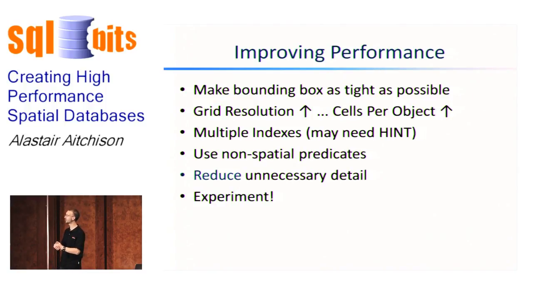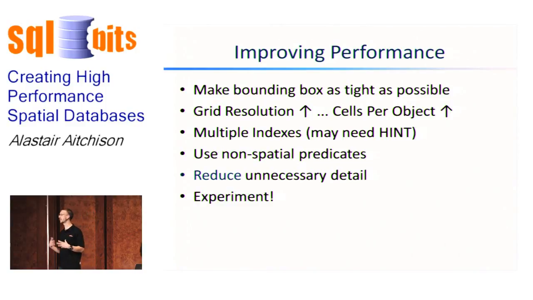Reduce unnecessary detail. Particularly when you download data off the internet or from other sources, you may find you don't get that much control over the level of detail that it comes in at. Although it doesn't make a difference to the primary filter, when you get to the secondary filter, where you're actually comparing the point sets in both geometries, complicated shapes that have lots of unnecessary points are going to be a lot slower than simpler shapes.